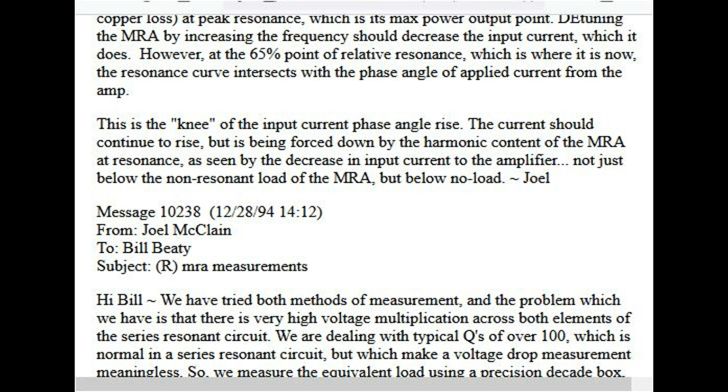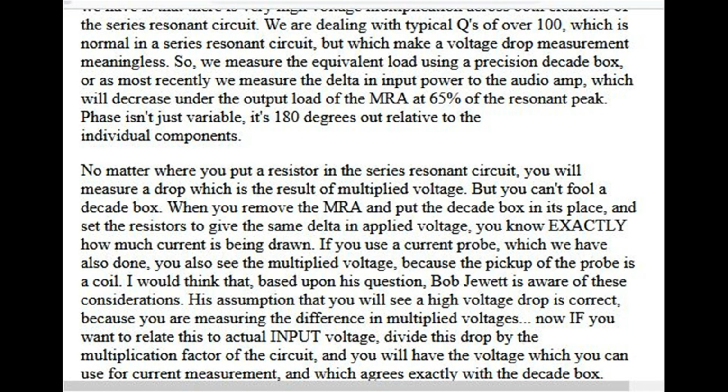So, we measure the equivalent load using a precision decade box, or as most recently we measure the delta in input power to the audio amp, which will decrease under the output load of the MRA at 65% of the resonant peak. Phase isn't just variable, it's 180 degrees out relative to the individual components. No matter where you put a resistor in the series resonance circuit, you will measure a drop which is the result of multiplied voltage.